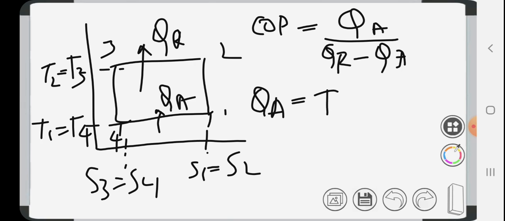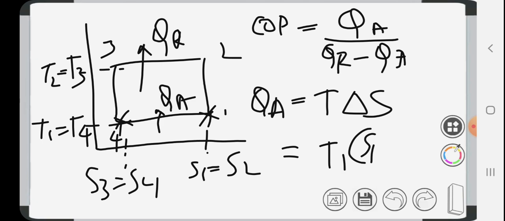Q is nothing but T delta S. Here T1 into delta S is S1 minus S4, since S1 and S2 are the same.